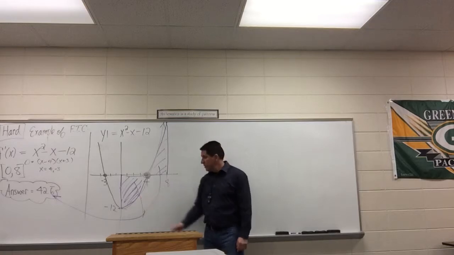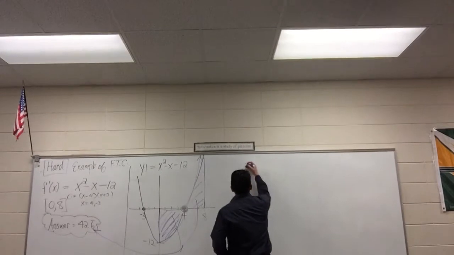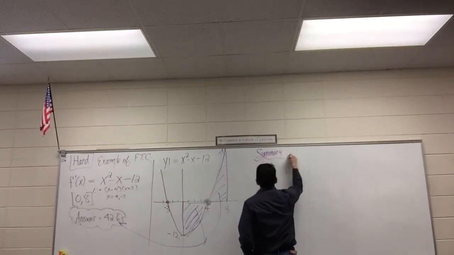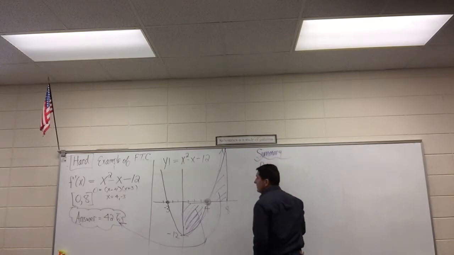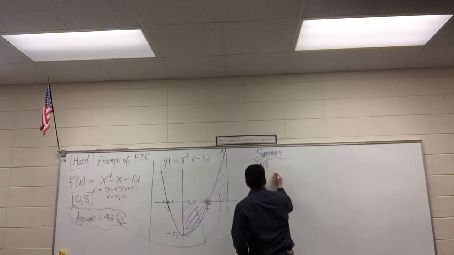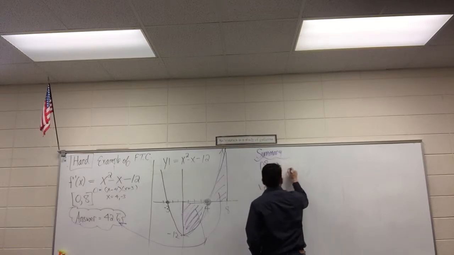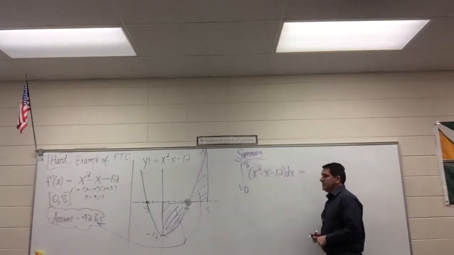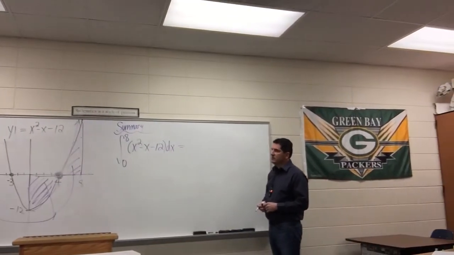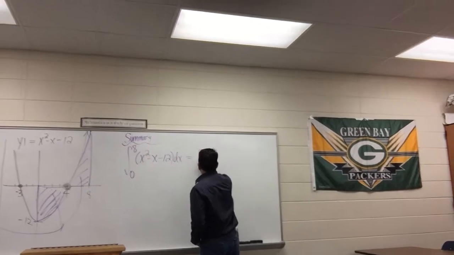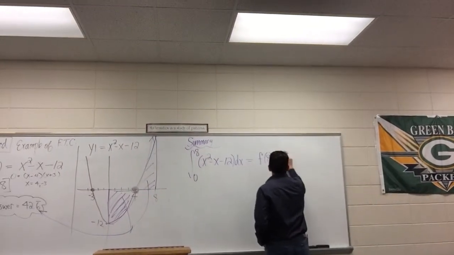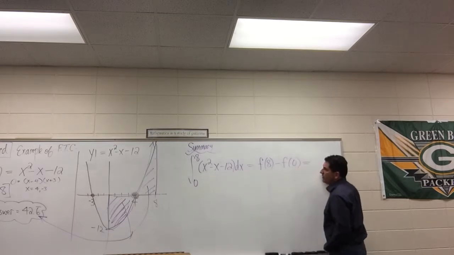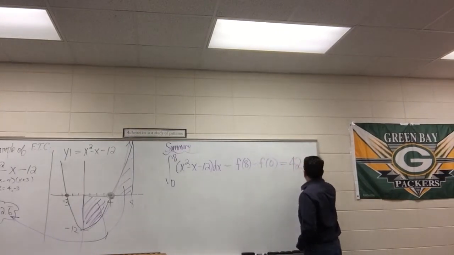So the way that we write it, now this is our summary statement: the integral from 0 to 8 of x squared minus x minus 12 dx is equal to f of 8 minus f of 0, and this is equal to 42.6 repeating.